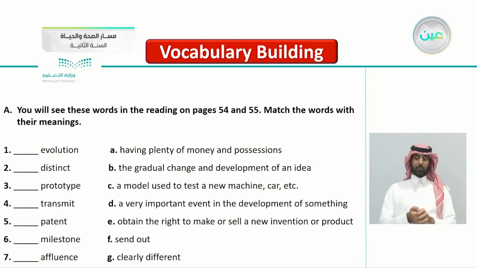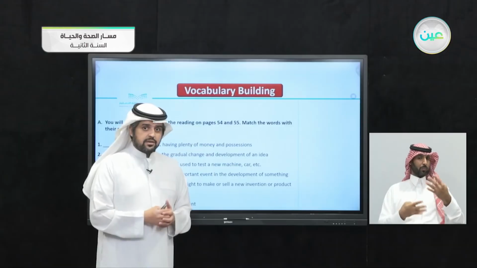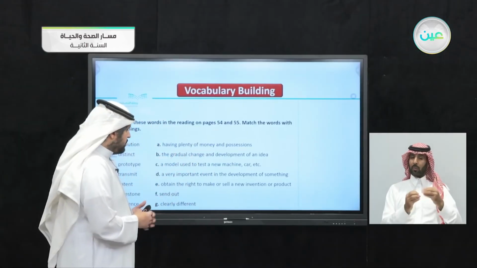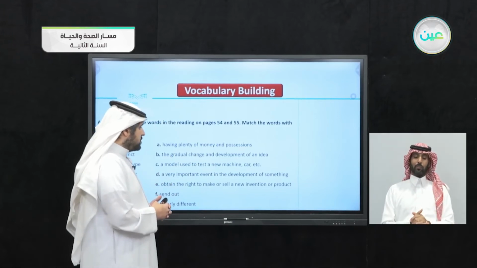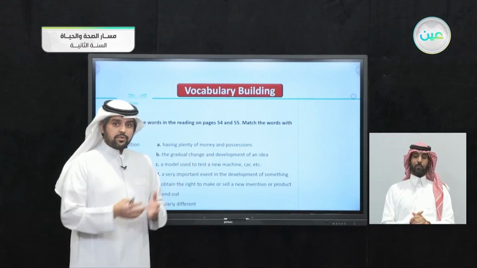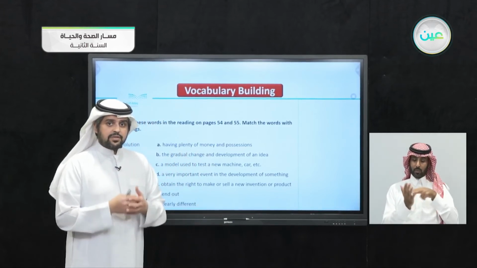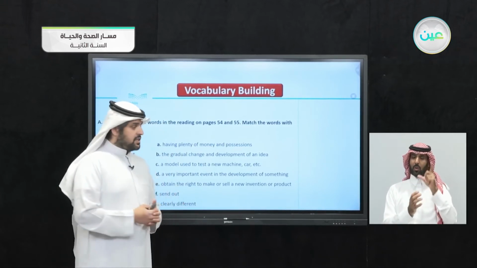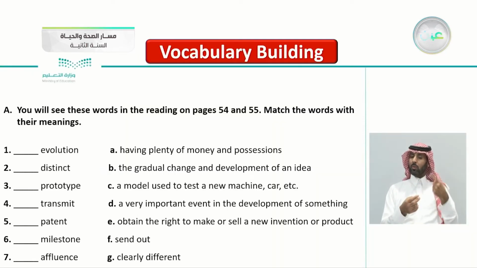So number 1, evolution. Which of these definitions does evolution fit? But before we do that, read the definitions first by yourself so you could tell which is correct. Evolution.